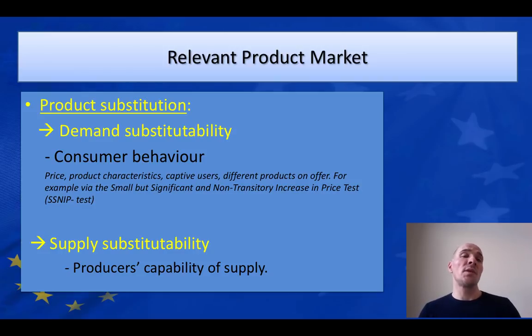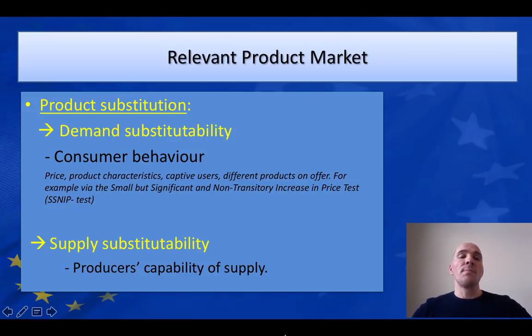So what is very important here is so-called consumer behavior. And the European Commission has used in the past a so-called SNIP test to determine what the substitutability is on the demand side of the market. SNIP stands for Small but Significant and Non-Transitory Increase in Price Test, the SNIP test.